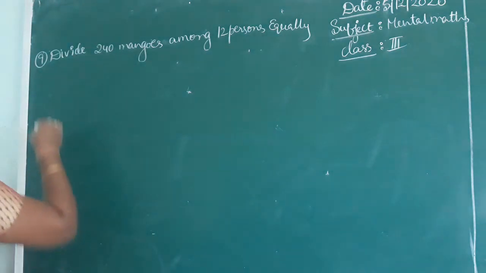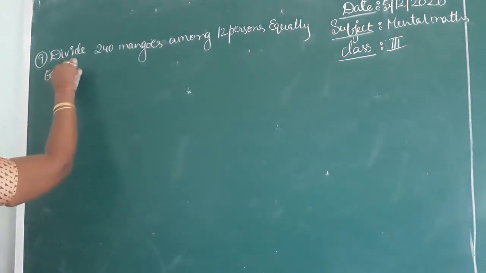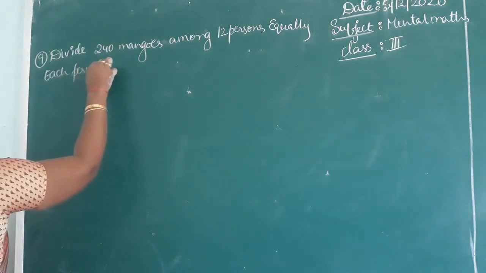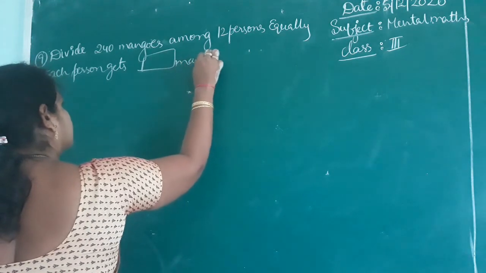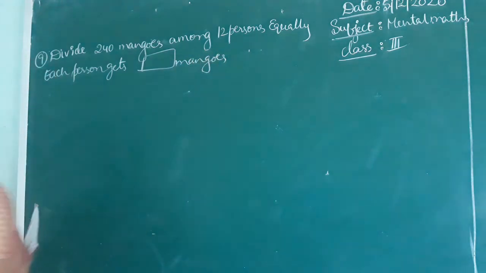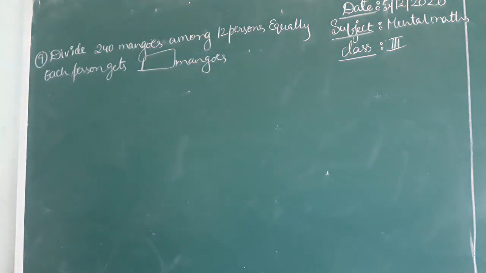Each person gets how many mangoes? Okay, divide 240 mangoes among 12 persons equally. Each person gets how many mangoes?